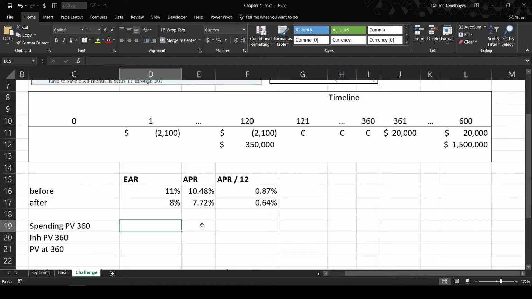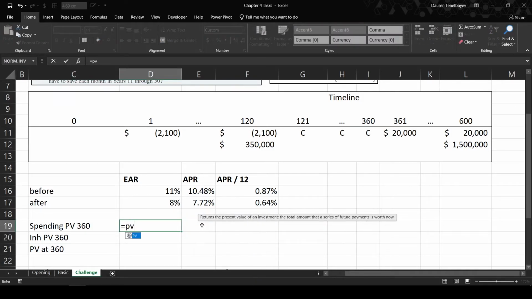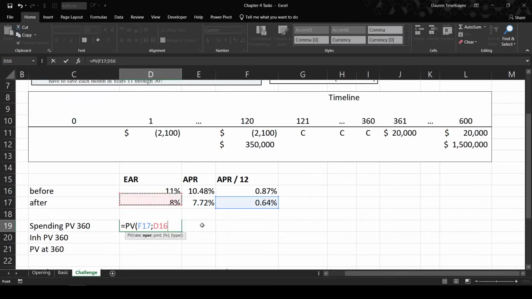The amount needed at retirement is the present value of the monthly spending and the present value of the inheritance. We use a formula for present value, and as a rate, we will use the after-retirement monthly rate. NPER here is 600 minus 360, and our regular payment is negative 20,000.